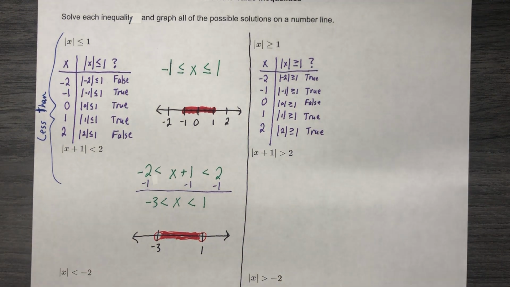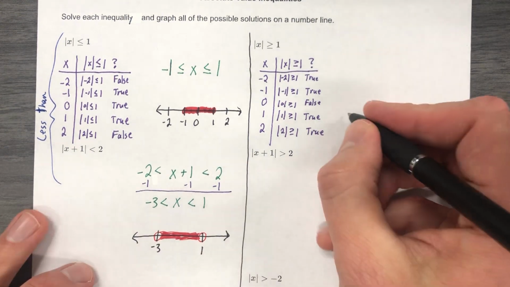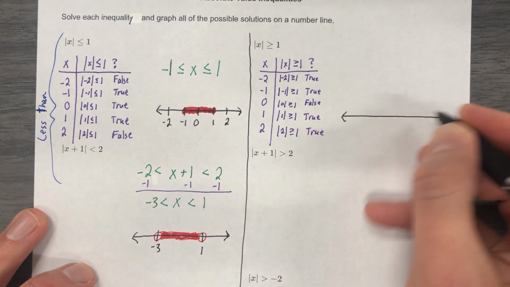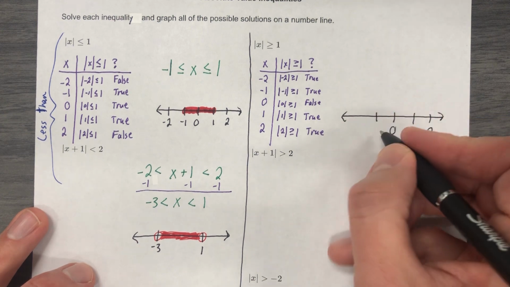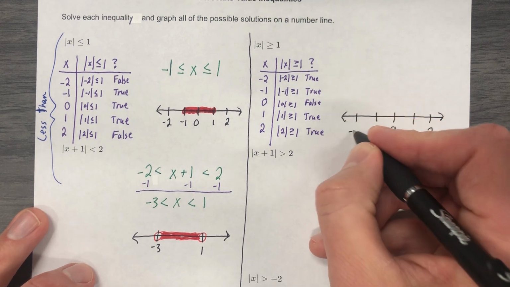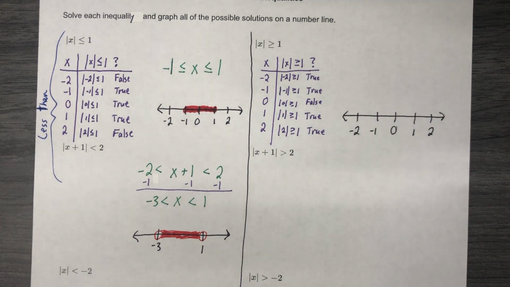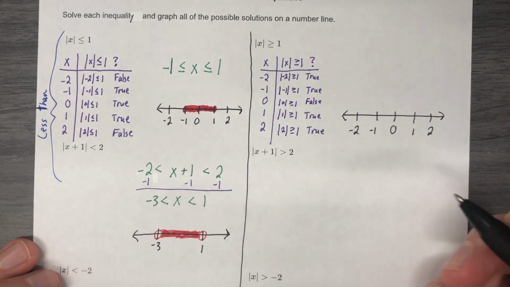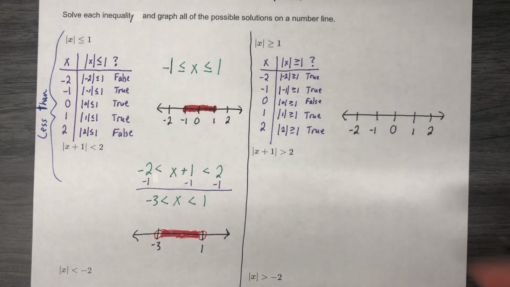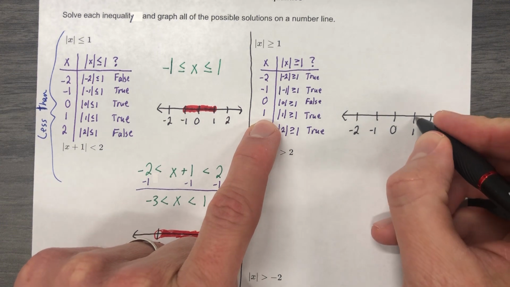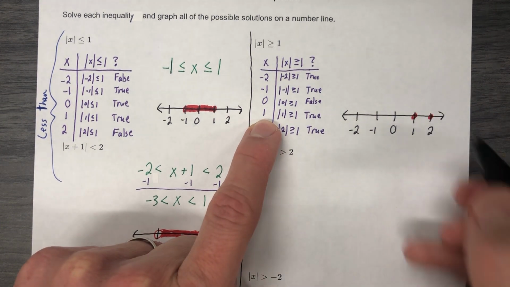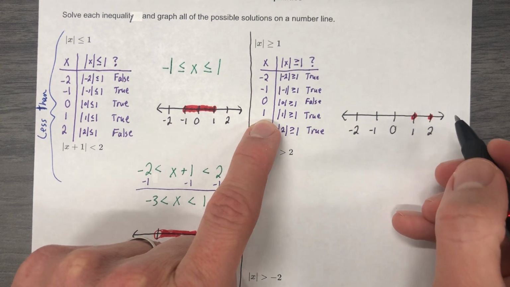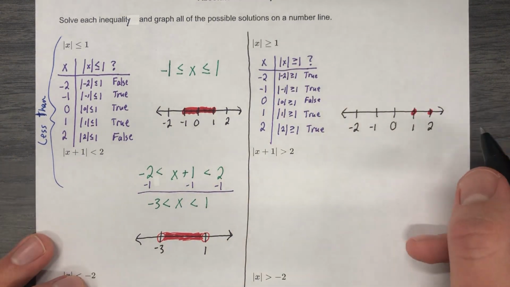Let's go ahead and plot the points like we did on the very first problem we did. 0, 1, 2, negative 1, negative 2. We will not color in the 0. I'm not even going to touch it. But I will put a circle at the 1, and I'll put a circle at the 2, and let's just be real honest, we could put a circle at the 3 and the 4 and the 5 and the 6, because all those are bigger than 1, right?